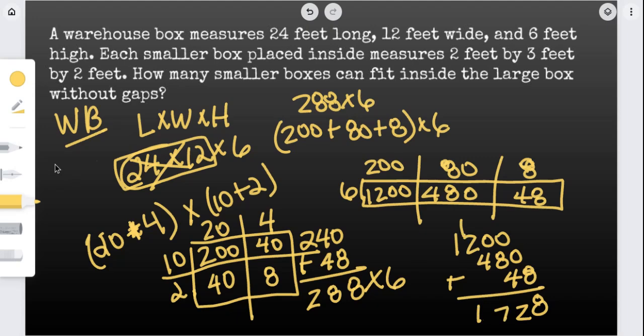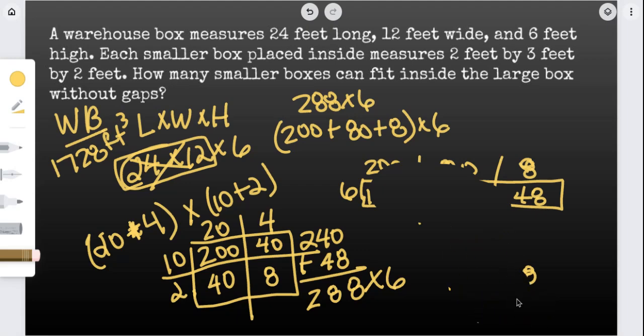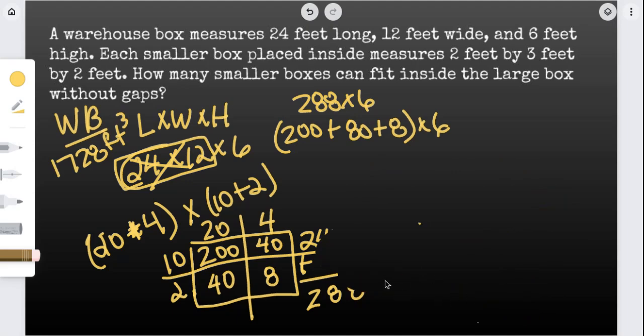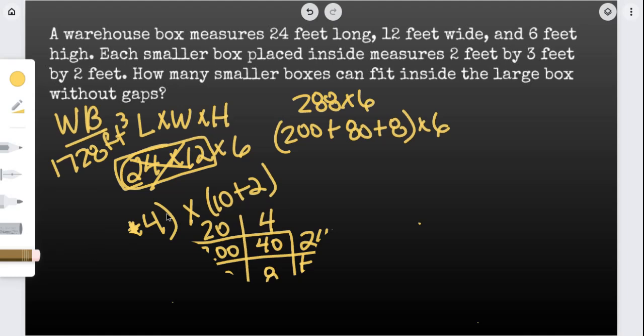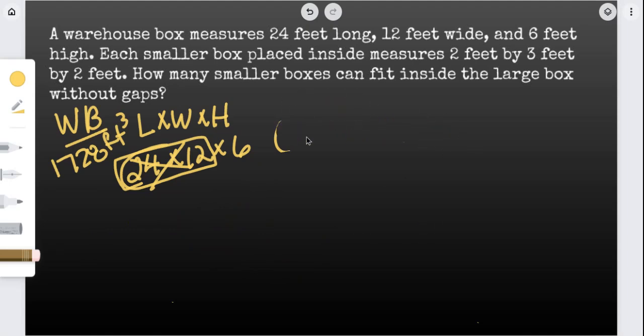So my volume of the warehouse box is 1,728 feet cubed. Let me get some workspace here to erase. Make my eraser bigger. And just know that if this is going too fast, you can always rewind or even slow it down and rewatch as many times as you need to so that you can understand exactly what's going on.